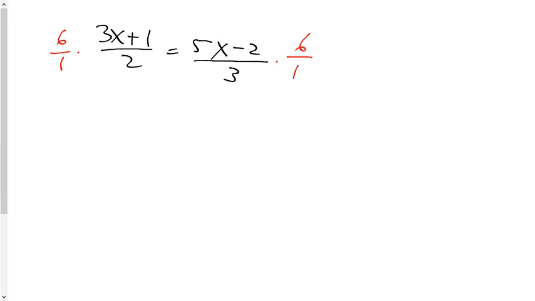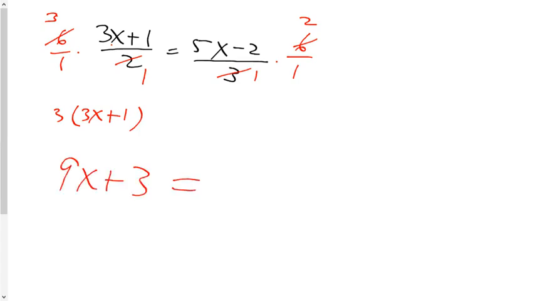Now watch. Cross reduce. 3, 1. Cross reduce. 2, 1. 3. Multiply this numerator would be 3. Multiply this numerator, which is going to be 9x plus 3. Over here, 2 multiplied by each of these terms. 10x minus 4.